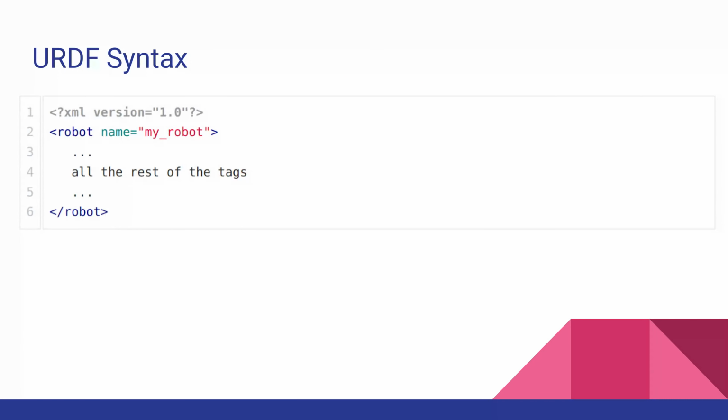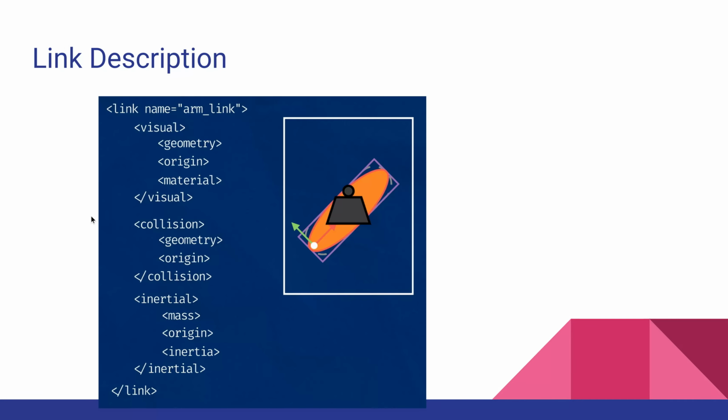So the basic syntax of URDF looks something like this, right? URDF is actually an XML file, and we start with this robot description. We start with the name and end with this block.